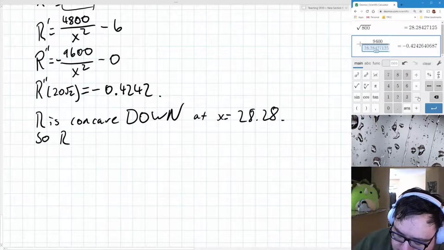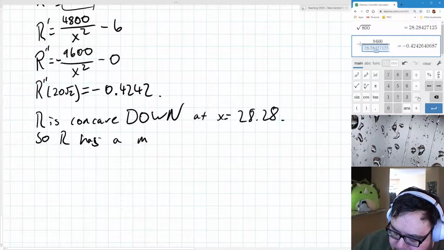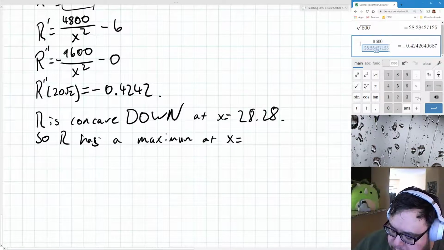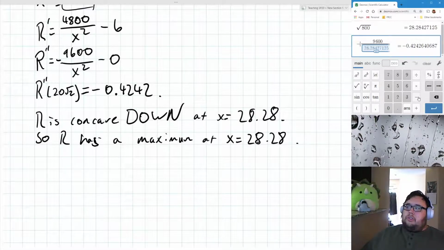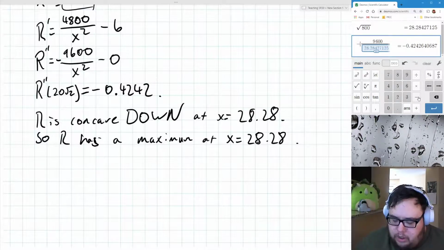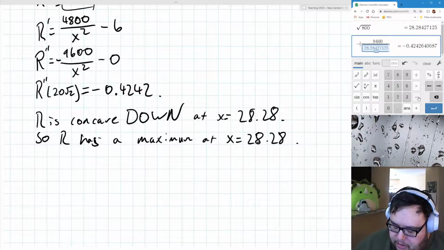So R has a maximum at x equals 28.28. Since r has a maximum there, that means that it's what we're looking for. And now we need to answer the question, right?